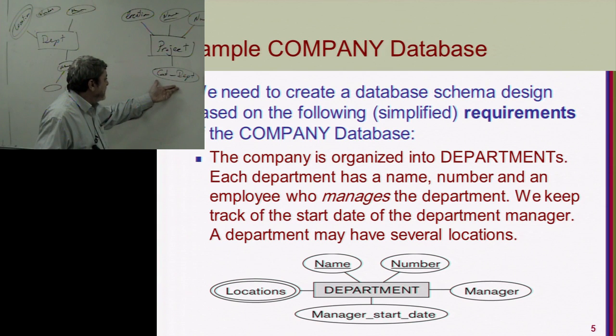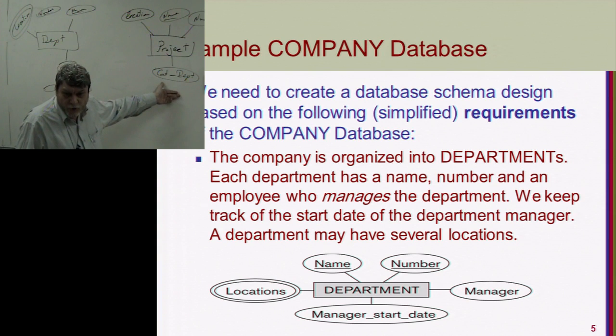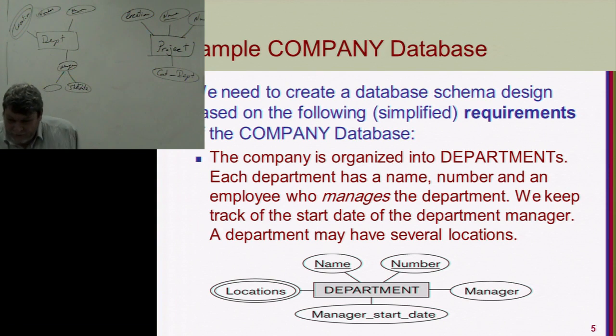Let me look at this. What is this? The controlling department, right? So the controlling department is a department or not a department? It is the department that's controlling, that this project works under the control of this department, right? But it is a department.